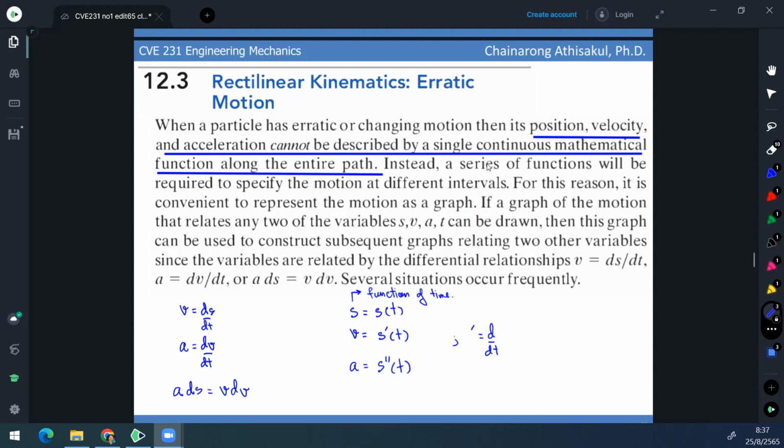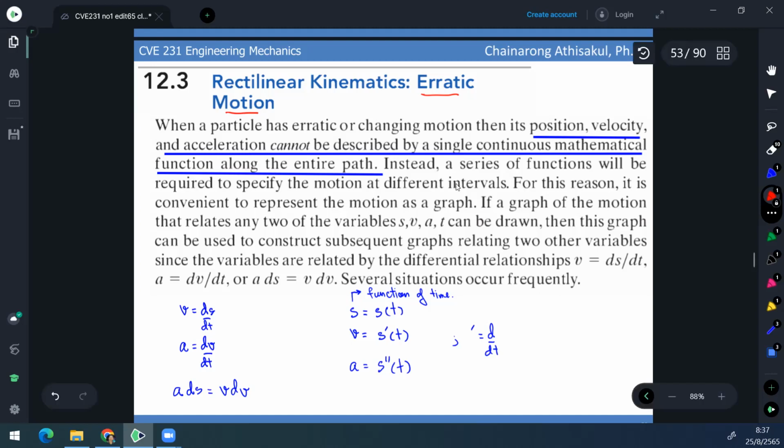It means that the position, velocity, and acceleration can be described by a single function. But for erratic motion, the position, velocity, and acceleration cannot be described by a single continuous function along the entire path.